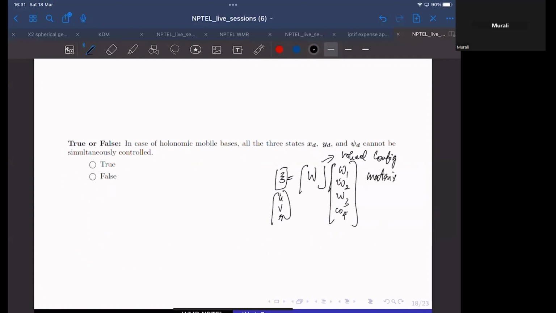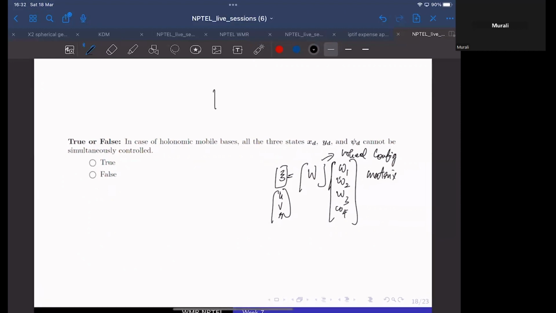Depending on the rank of this matrix, we can say whether the robot is holonomic or non-holonomic. If the robot is holonomic, we can control all three degrees of freedom simultaneously, right?